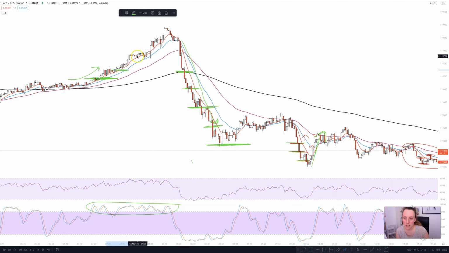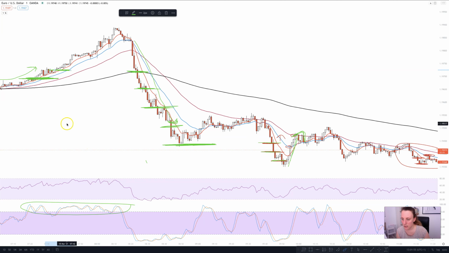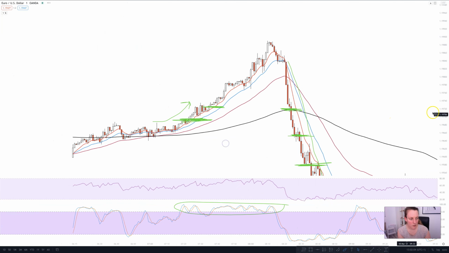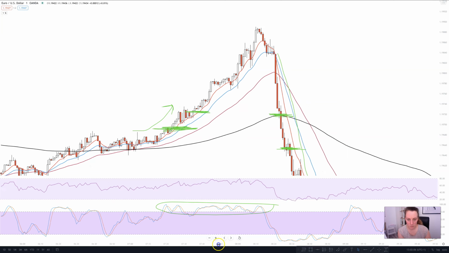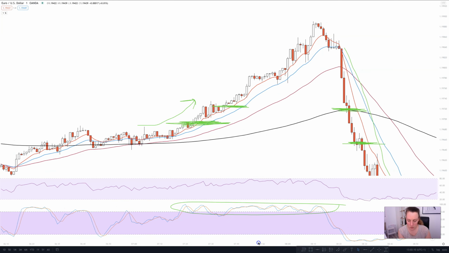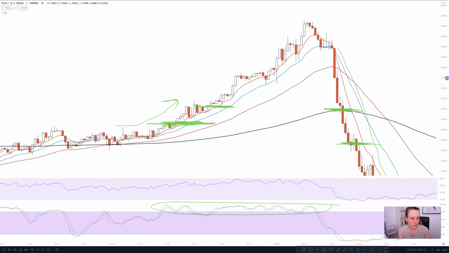Then you see, oh, here, okay, it comes back here, it bounces off. I will go in here again.